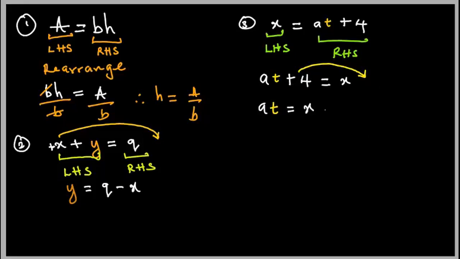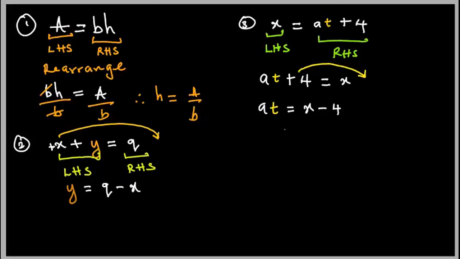Now I'm going to cross it over, it becomes minus 4. Whenever you cross a term, I did not say whenever you rearrange, because rearranging does not involve changing signs. But whenever you cross a term, you always change the sign. I've crossed 4 over, so it becomes negative 4.